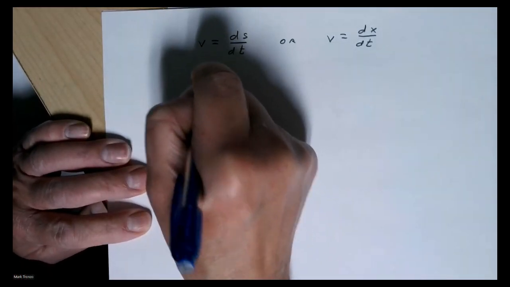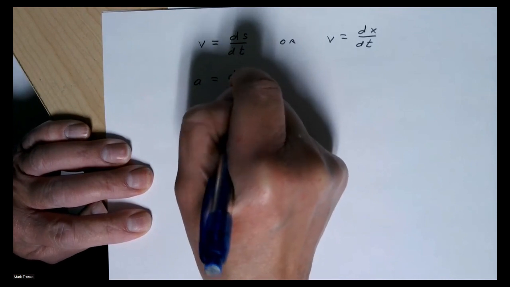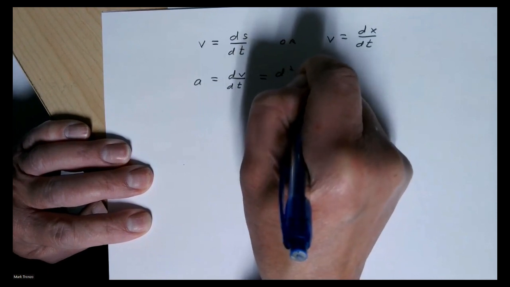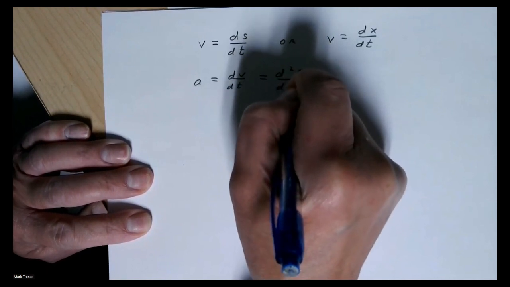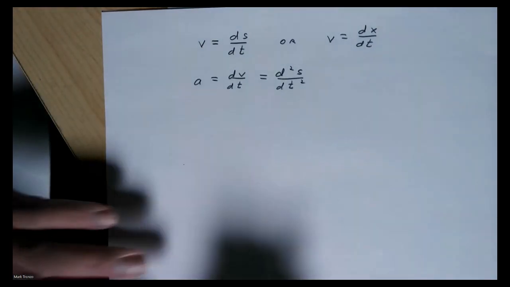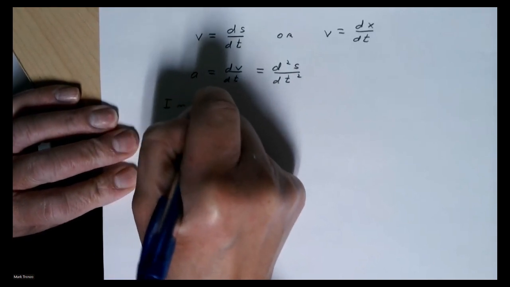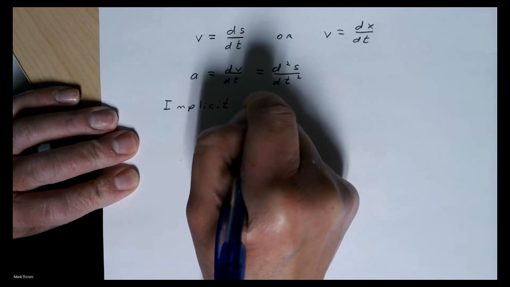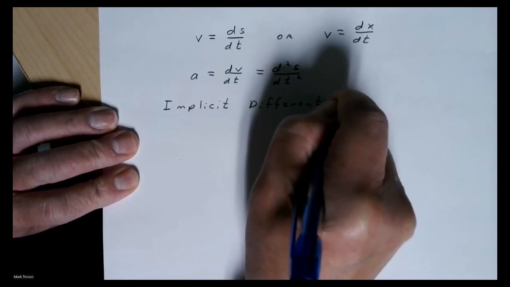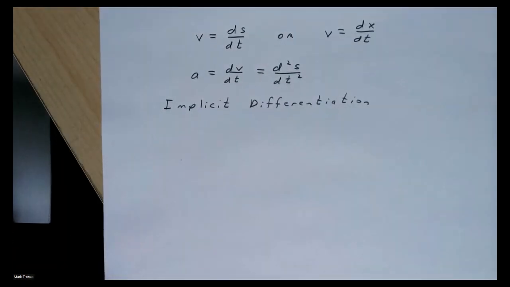And acceleration, of course, is dv/dt, which is equal to the second derivative of s with respect to t, like that. Now, we'll have to remember implicit differentiation. And look at the video below if you've forgotten.